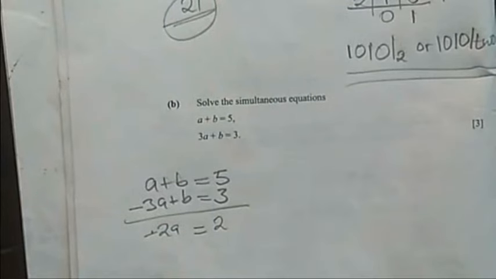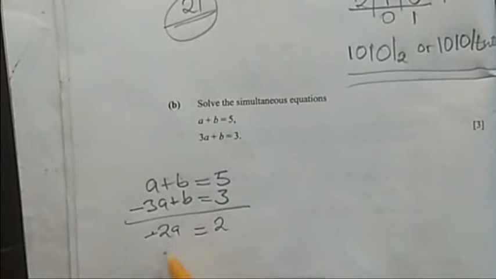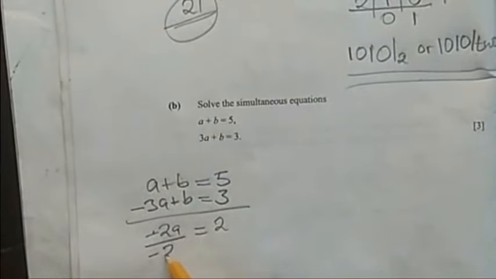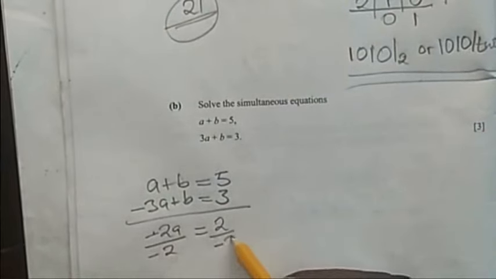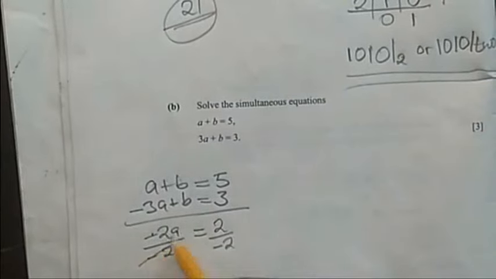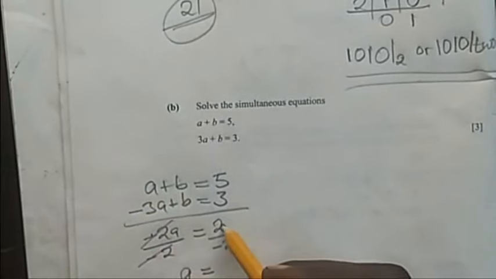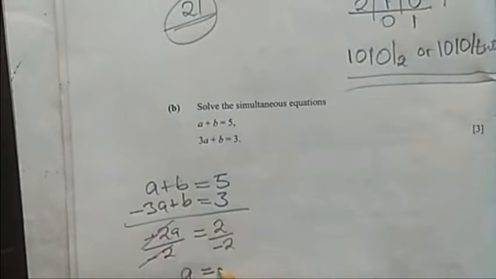Okay, then we need to remain with a on this side. That means we're going to divide both sides by negative 2. Then we're going to cancel this one and this one. That means we're going to remain with a, which is equal to 2 divided by negative 2 will give us negative 1. So a is equal to negative 1. Okay, I'm sure you have followed everything very well.